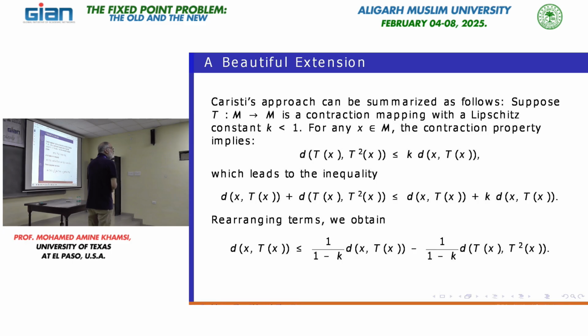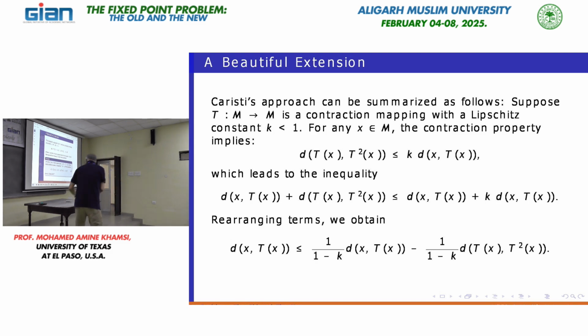You have a function of x minus a function of tx. Okay. Let's move on. You see it? So I have the distance from x to tx less or equal than phi of x minus phi of tx.